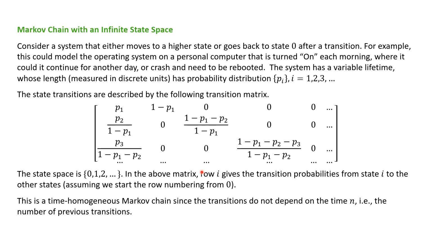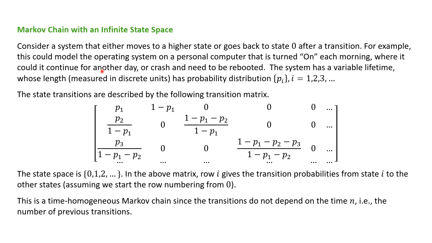There's a subtle point here. This is state dependent. The transitions are clearly state dependent. Depending on what state you're in, you have certain probabilities of going to different states, but it's not dependent on how long the process has been running. And we need to distinguish between the process and the number of times that you transition back to state 0. The process goes beyond any transition back to state 0. So for example, you could be running for 10 units, crash, run another 20 units and crash, and that's 30 time units.